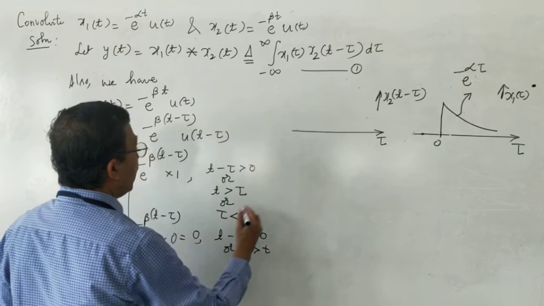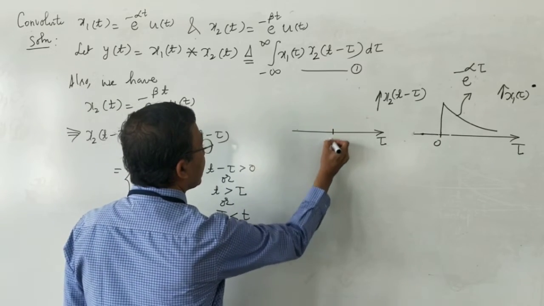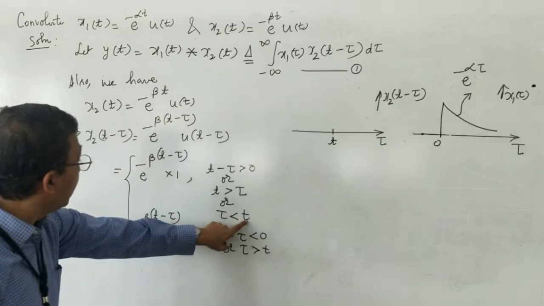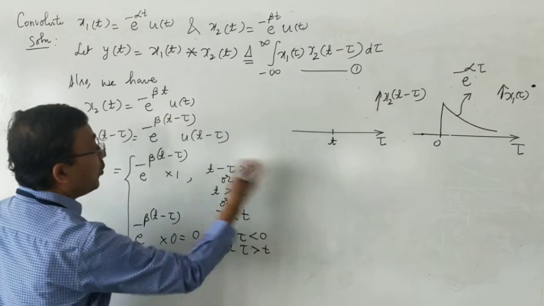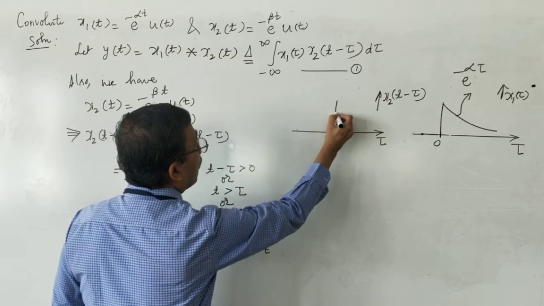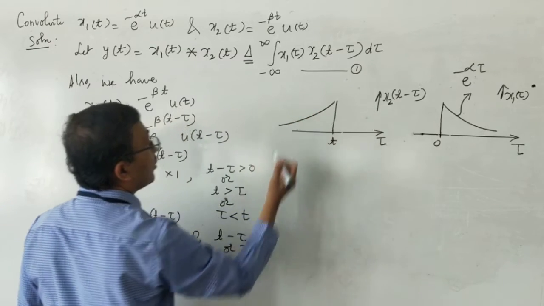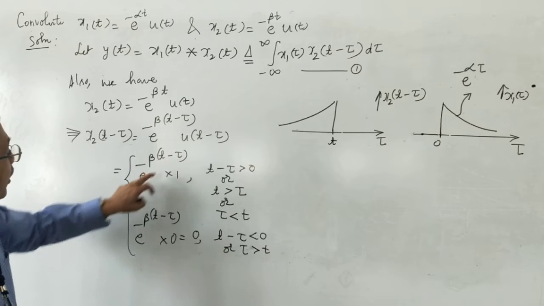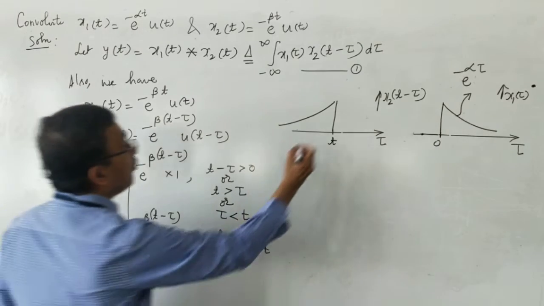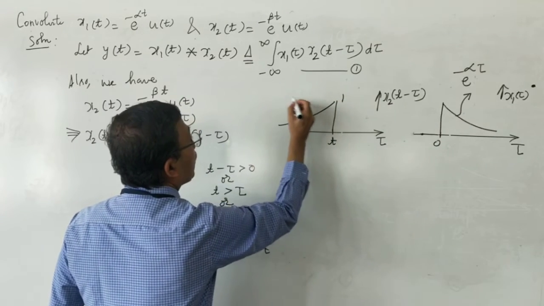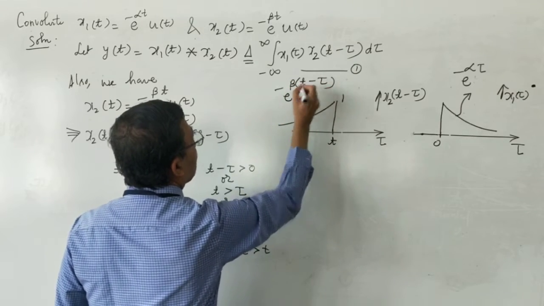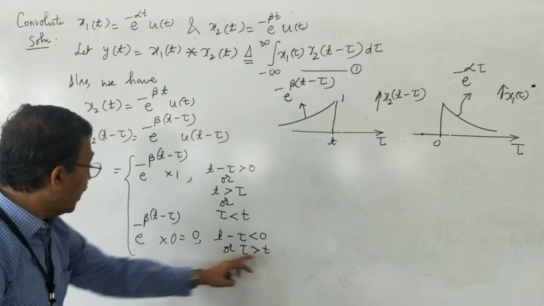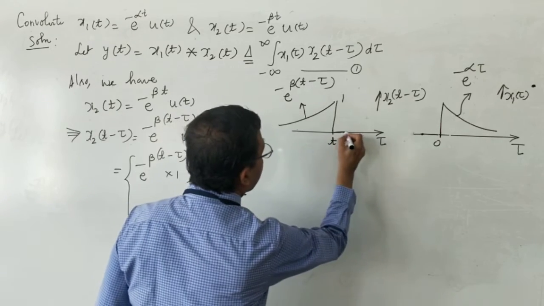Now, the critical point here is t. For tau less than t, this is the expression. So tau less than t means the exponential curve will go leftwards like this. When tau equals t, you get e to the power 0, which is 1. Equation of this curve is e to the power minus beta t minus tau. For tau greater than t, it is 0.